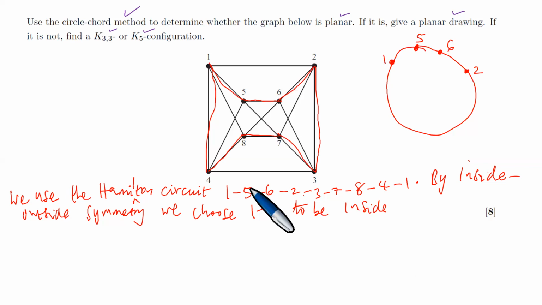I'm just putting these vertices here in that sequence. 2, then there's 3, then 7, then 8, then 4, then 1. So this is the Hamilton second, because it's a second that visits all the vertices of the graph. And now we have put the vertices over there. Okay, good. Let's see what else we have.